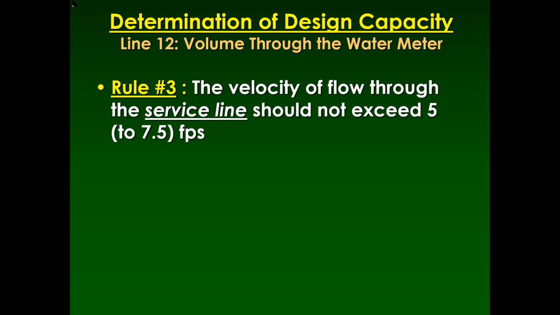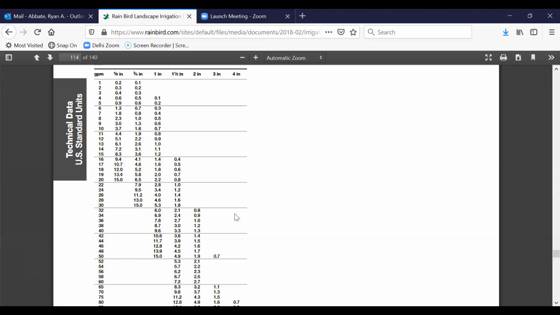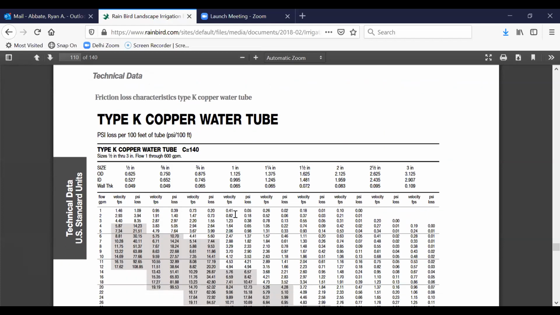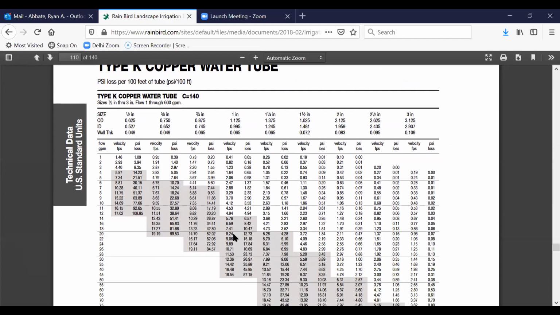Let's go find type K copper water tube. Ideally, from what this sheet says, we don't want to exceed 7.5 feet per second, but really we could dial that back to 5 feet per second. Notice the gray section of this chart: anytime we exceed 5 feet per second, we start going into the gray.